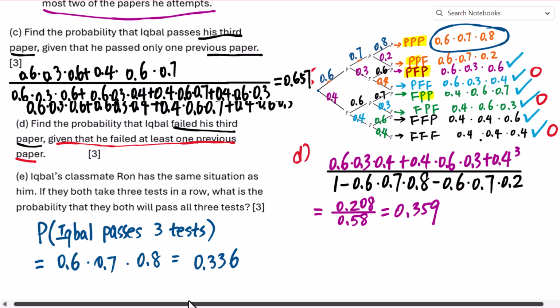In other words, the probability Ron passes 3 tests is 0.336. Therefore, the probability they both will pass all 3 tests will be 0.336 squared equals 0.113.